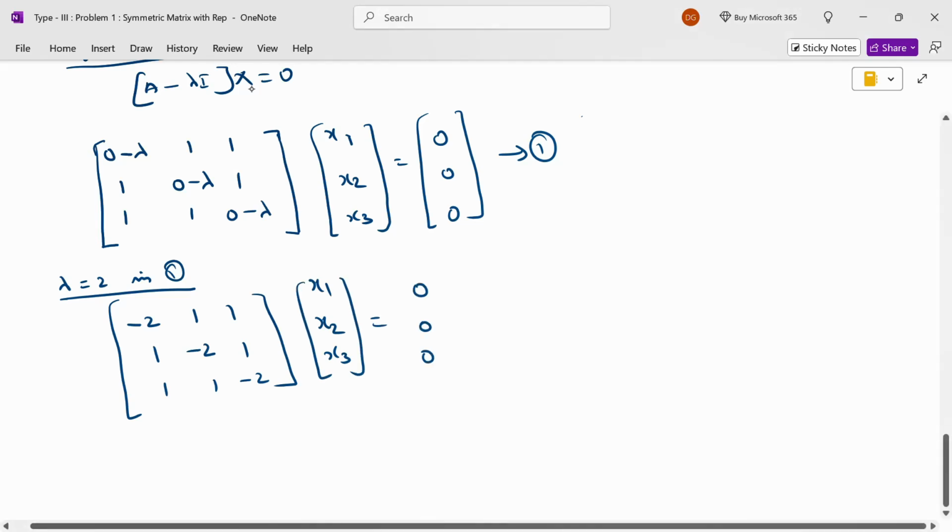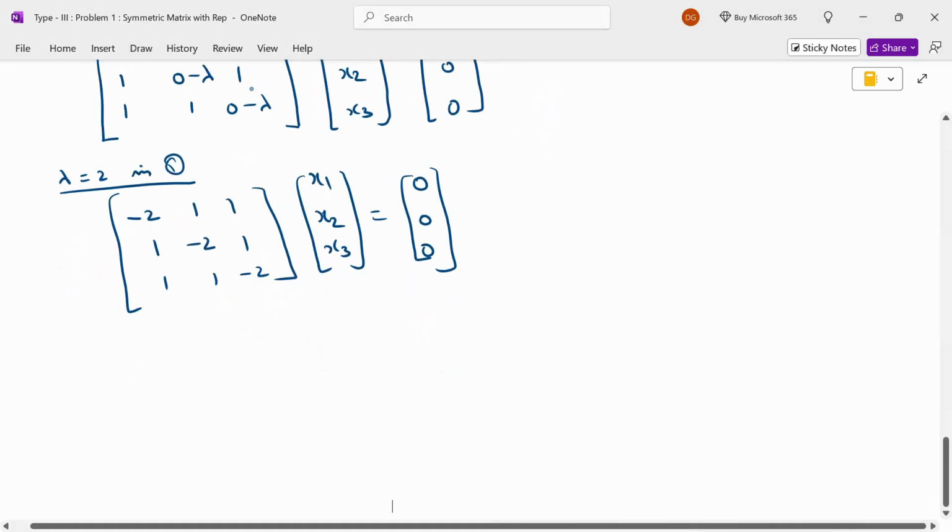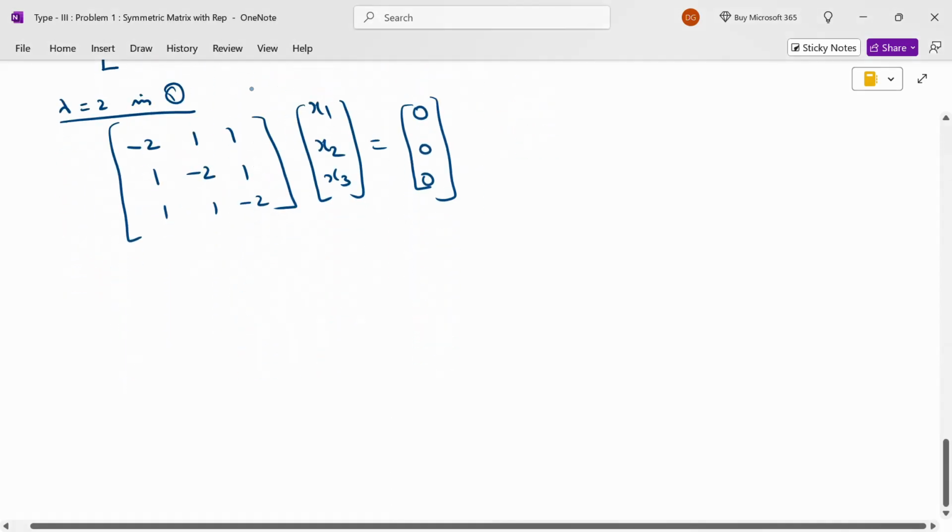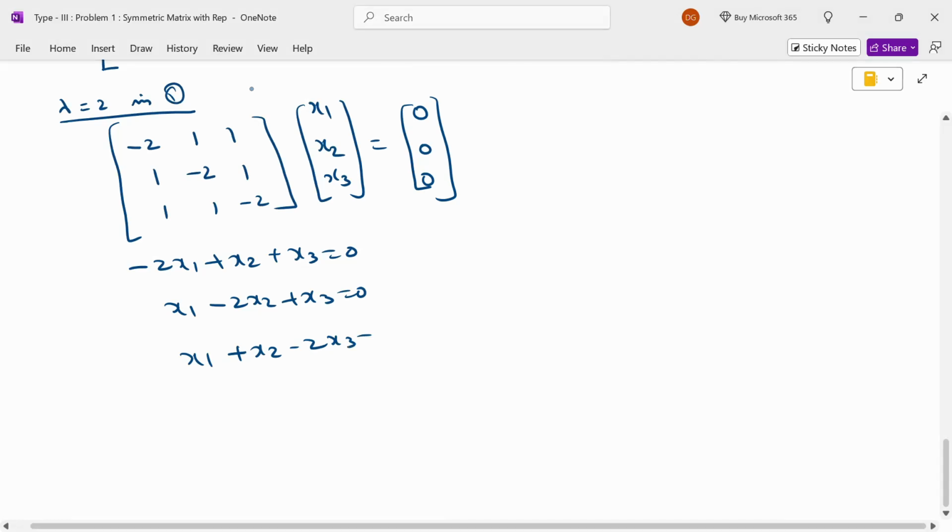0, 0, 0. Now when I multiply row into column, we have all three equations. When I multiply, we have three linear equations: minus 2x1 plus x2 plus x3 equals 0, then x1 minus 2x2 plus x3 equals 0, then x1 plus x2 minus 2x3 equals 0.